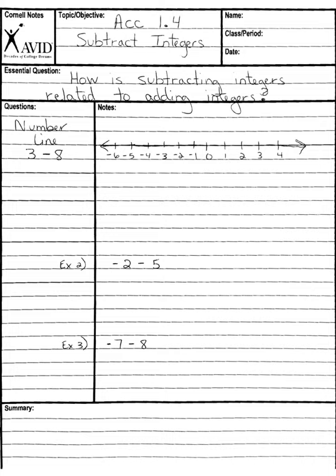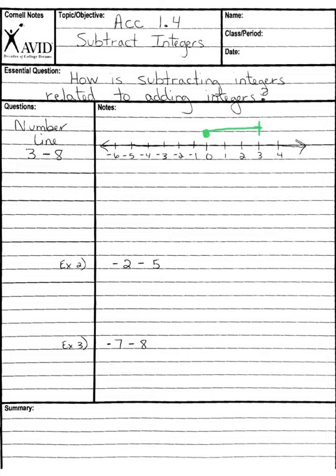So think about it as we're starting at the number 0, and we are going to the positive 3 because it's a positive 3 there. And then it says we are going to take away, so we know we're going to get smaller, and we're going to go ahead and take away 8.